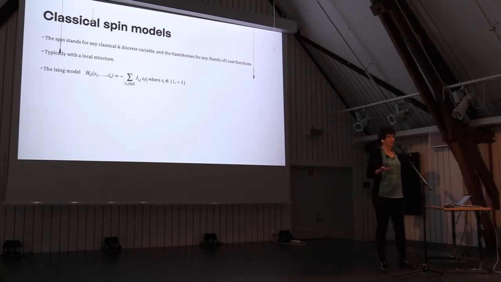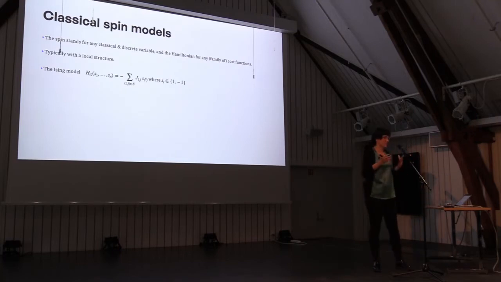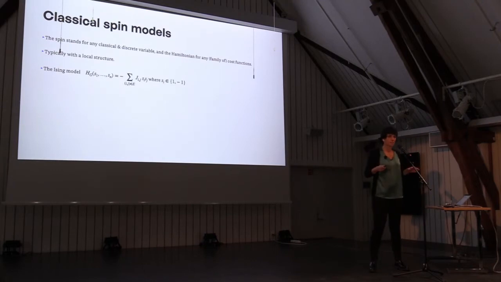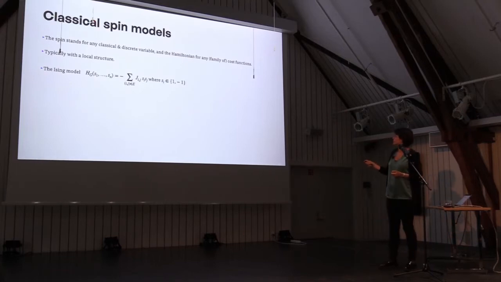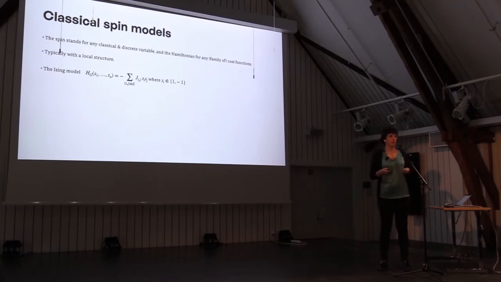So the paradigmatic spin model is the Ising model. And just to set some very basic notation, it's all classical, by the way, although many of the things I will say also apply at the quantum level, but I'm still at the classical level. I'm trying to understand first the classical level. In this Ising model, you have some so-called spins, which are variables which can take values plus or minus 1.